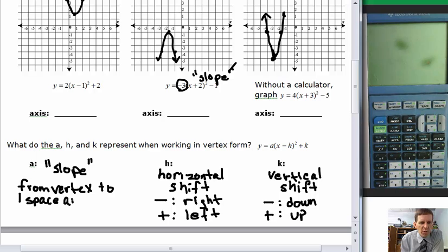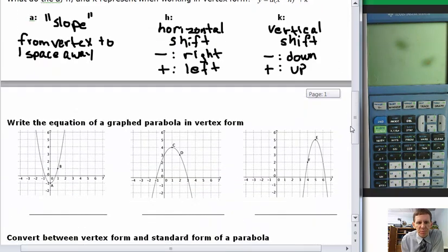And it applies both to the right and left. I've been saying to the right, but if you're at the vertex here, you move 1 space to the right, the graph goes down 3. That's what that minus 3 meant. On this graph here, if you're at the vertex, you move 1 space to the right or the left, you're going to go up 4. So that number tells you how far vertically you're traveling.